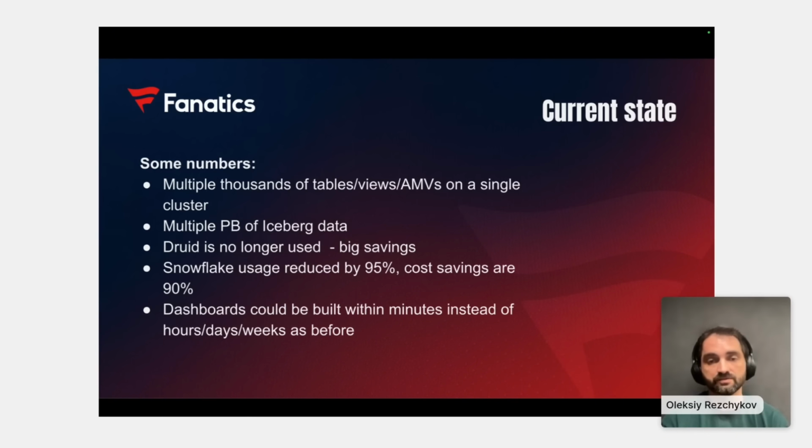Snowflake usage, the footprint itself, was reduced by 25%, and that provided us with around 90% cost savings, just by replacing some of the use cases, for instance, for Tableau, with StarRocks.